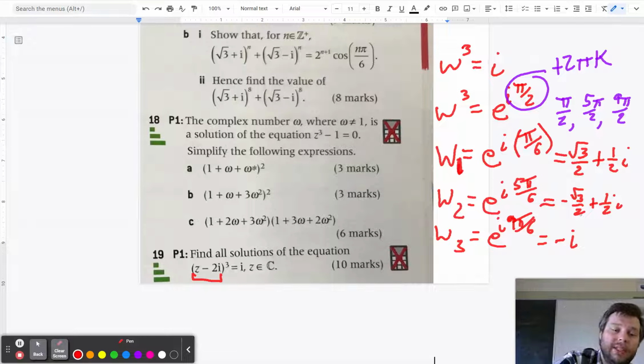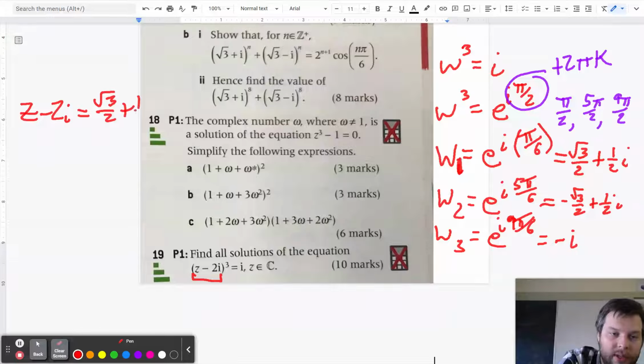Now I just need to set up z − 2i equal to the first value, √3/2 + (1/2)i. I'll call this z1.